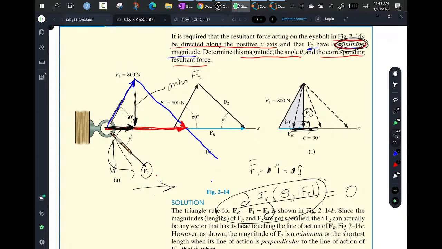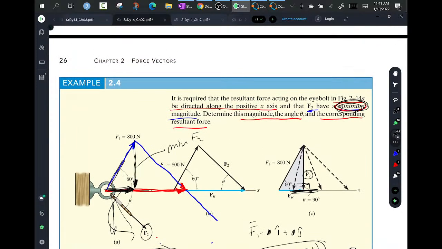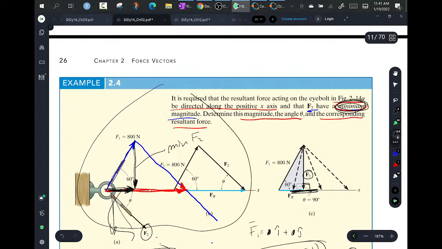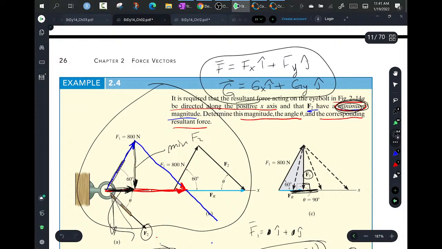So this is a perfect case for why you're going through vectors laid out on the page this way instead of immediately going to F equals Fx i plus Fy j, and G vector equals Gx i plus Gy j, and adding them together, because he's asking you something different here.